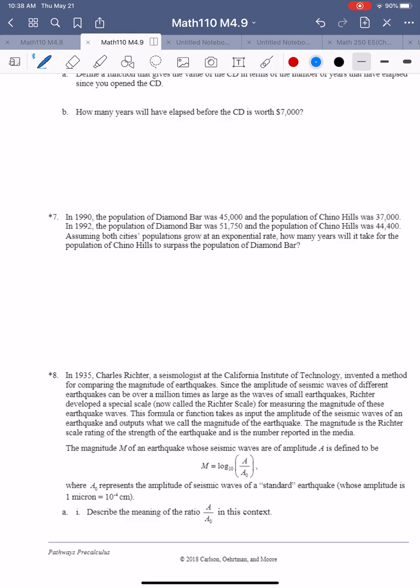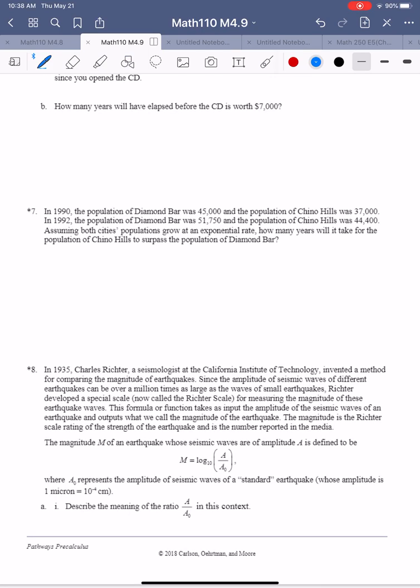Okay, so the population for Diamond Bar and Chino Hills, we compare this time. So we can think about two ways. Let's say P is the population of Diamond Bar, and Q is the population of Chino Hills. P, the population of Diamond Bar, starts from 45,000, and then it becomes 51,750 over 45,000 to the power of the years, which is 2 years, so t over 2.